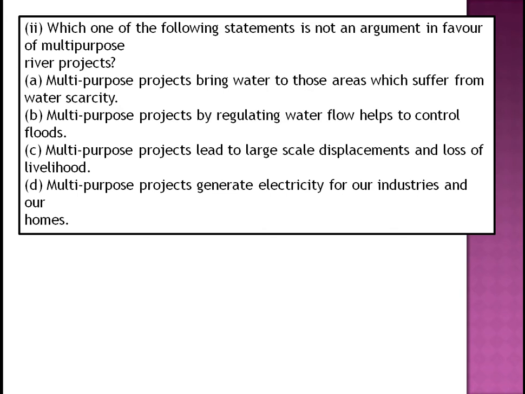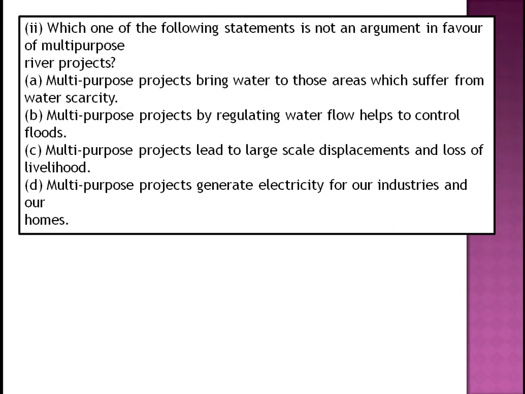After that, I am going to tell you which is the correct answer. I hope you read all the 4 points. Out of the 4 points, one is not in favor of the multi-purpose river valley project.